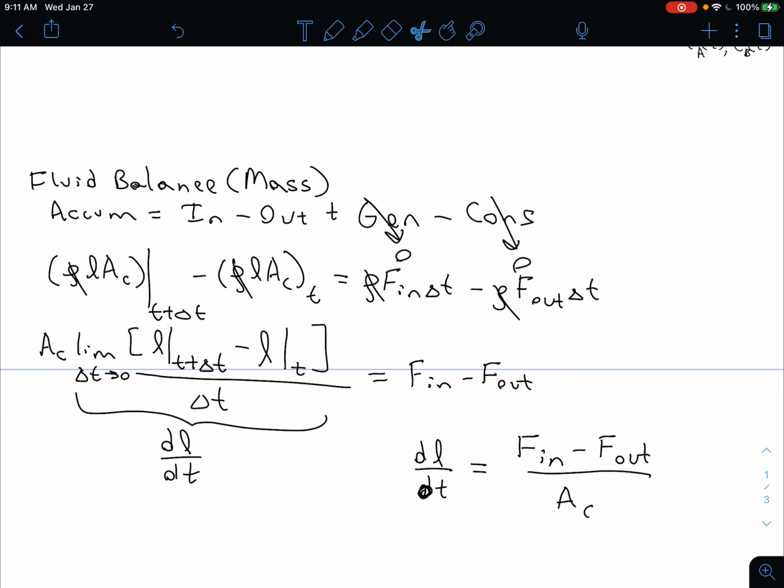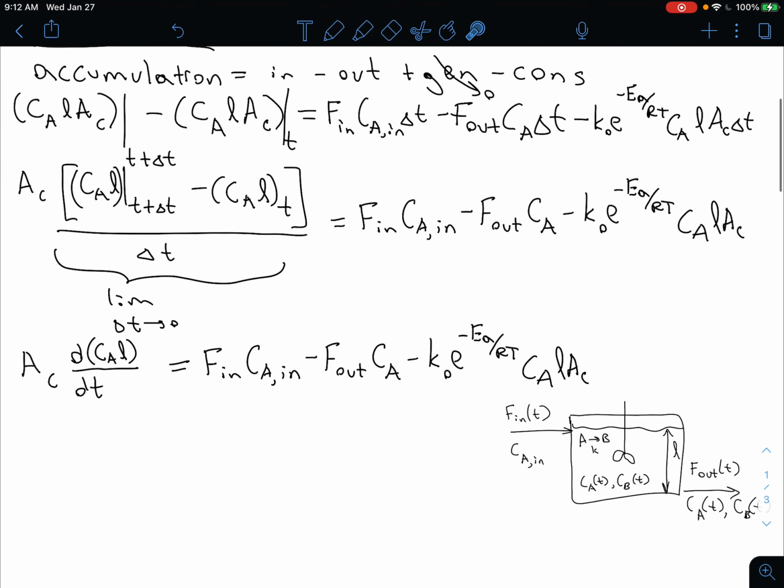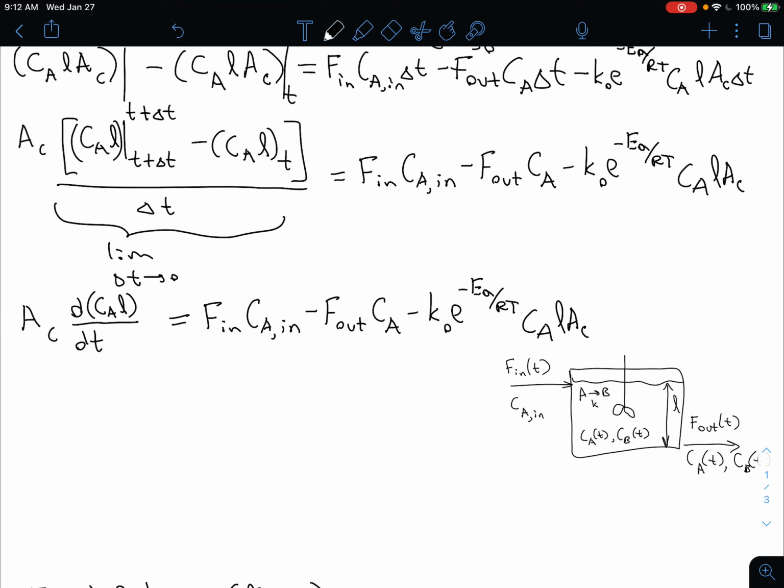So we know that dL dt is F in minus F out over AC. So what we can do over here to simplify things, again, it's not necessarily from the point of view of formulating an equation. Actually, first thing, let's just divide through by AC, just to keep CAL together.